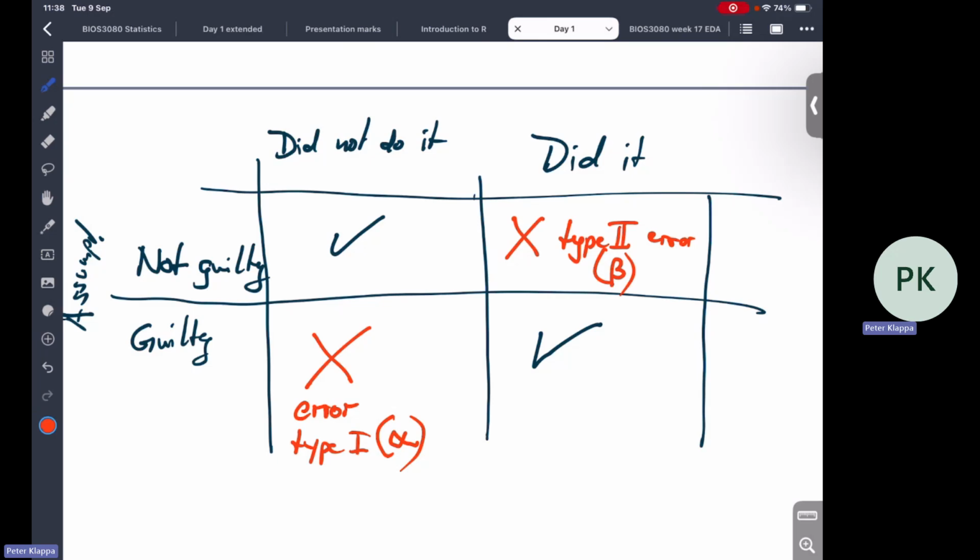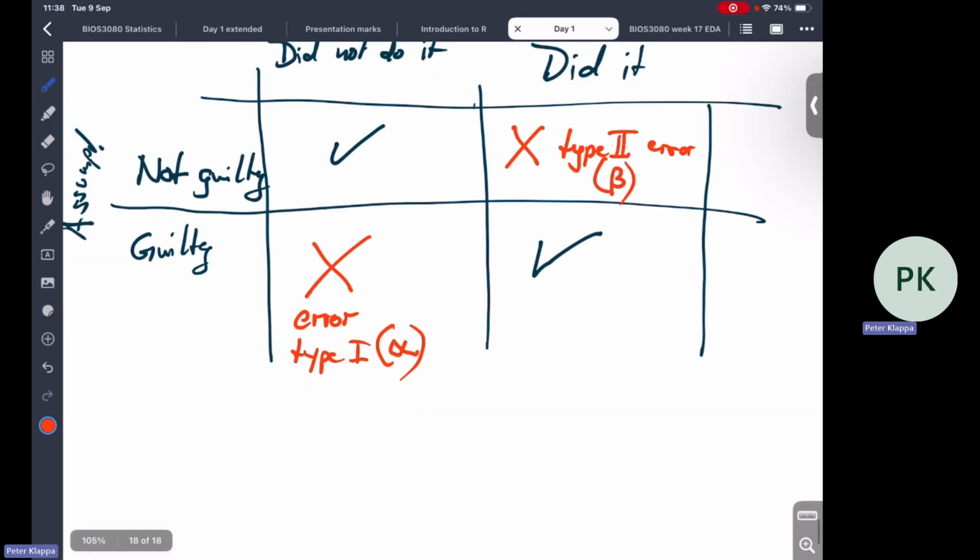So, what we need to do is, in our decision making, we need to try and keep this type 1 error as small as possible so that we don't make the wrong decision. So keep alpha small. Beta, yeah, but in this case, it's not really a big problem.